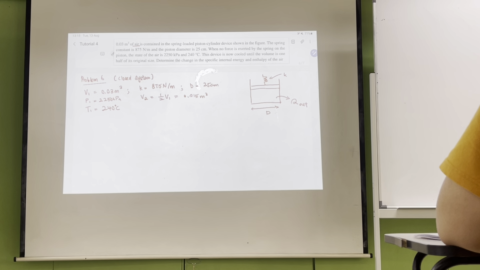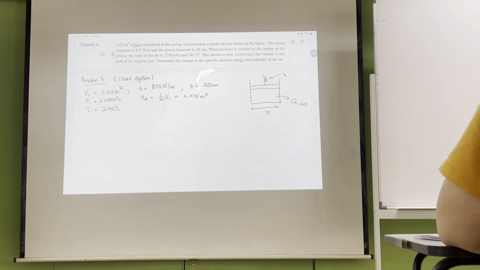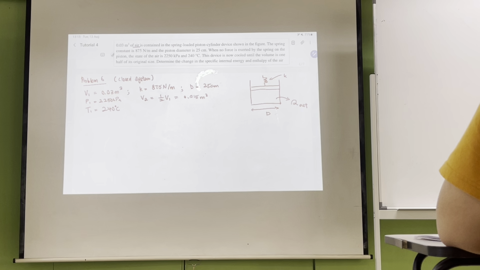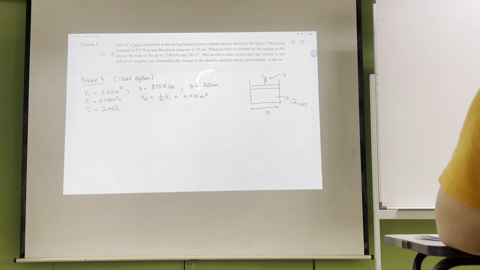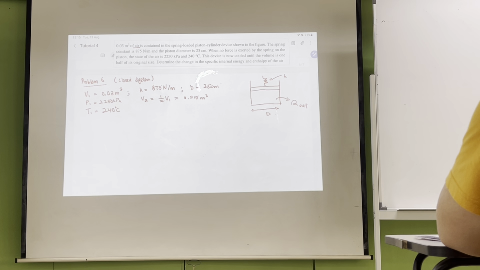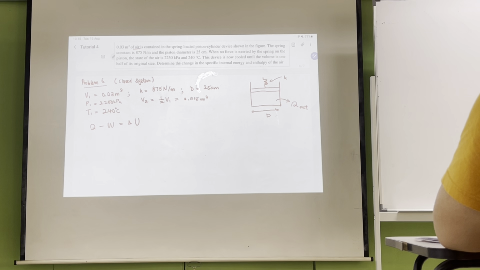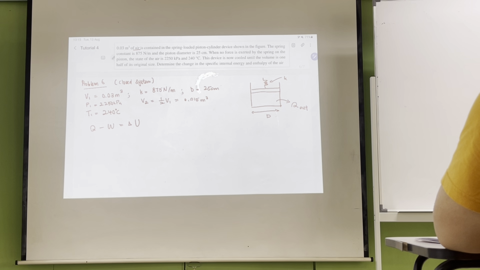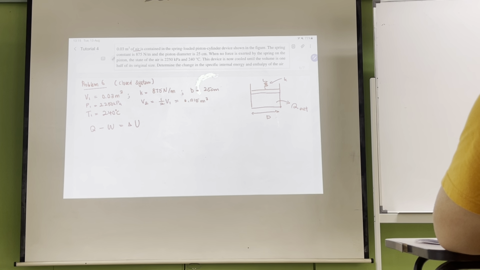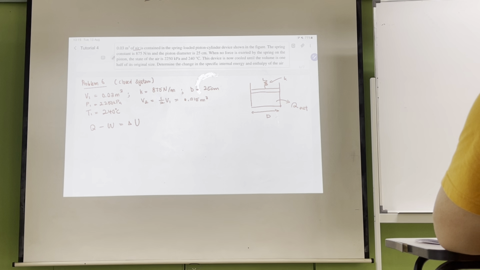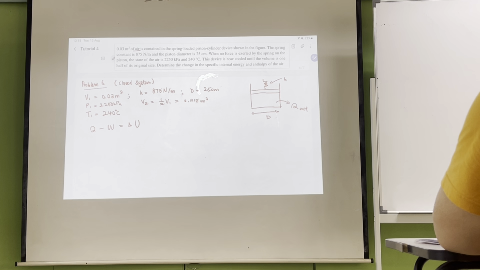This is where what I said just now will factor in. This is a closed system, so for a closed system you always start with the energy equation, which is Q minus W equals delta U. For this question, if you look at the answer, it won't make sense, because the question leaves this entire thing up to the end.